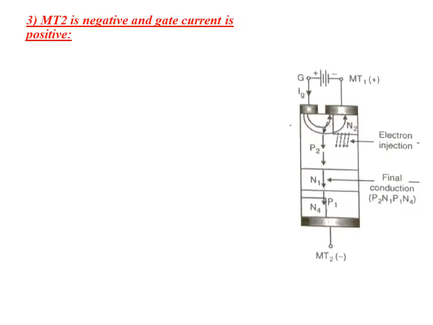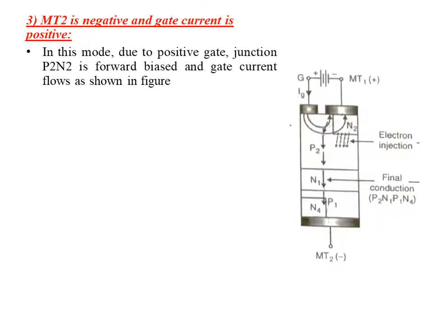The third mode of triggering is when MT2 is negative and gate current is positive. The first mode was MT2 positive, gate current positive. The second mode is MT2 positive, gate current negative. Now the third mode is MT2 negative and gate current positive.